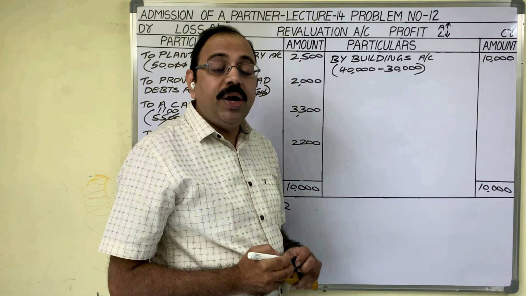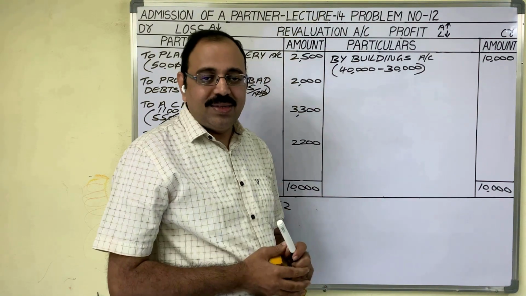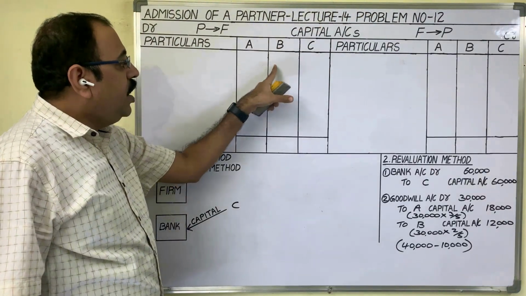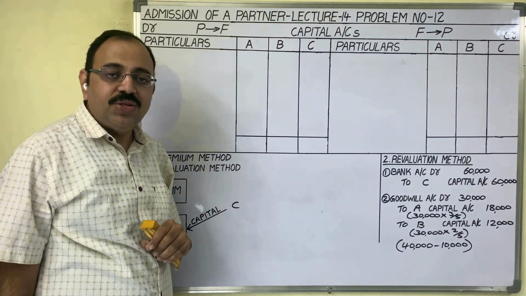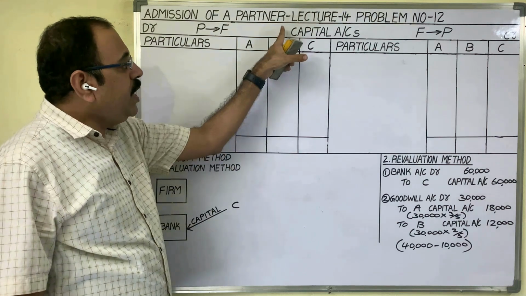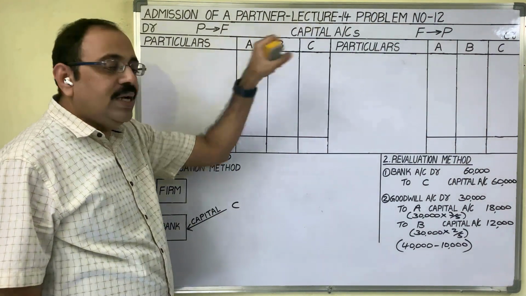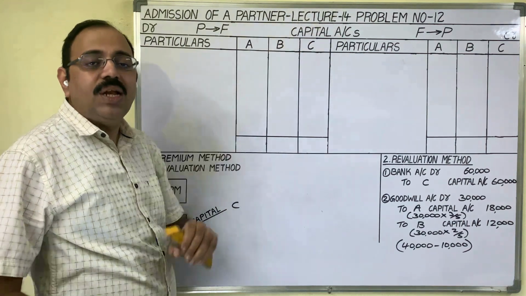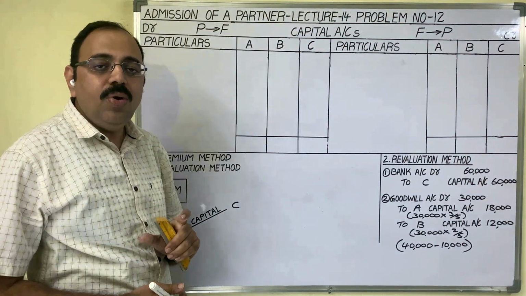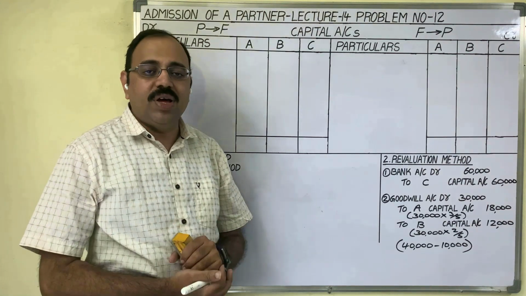Next, come to the capital accounts of all three partners, A, B and C. In the present problem we are not writing journal entries now. Therefore, to prepare capital accounts we use hints. The hints are: capital account is a personal account. Personal account rule: debit the receiver, credit the giver.